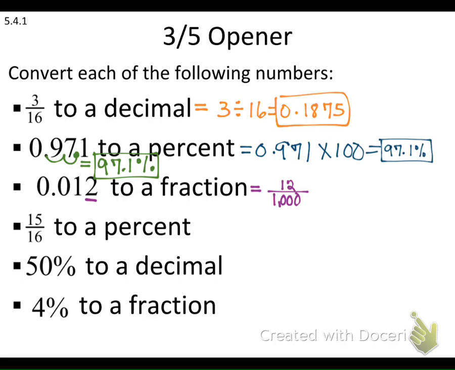Now that we have a fraction, what do we always have to do with fractions? Reduce it. So what's 12 over 1,000 going to be reduced to? Box your answer. Good.